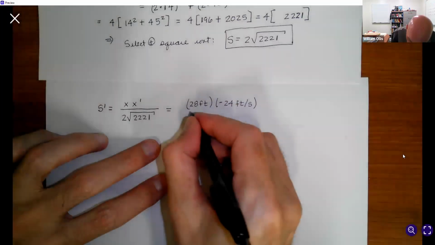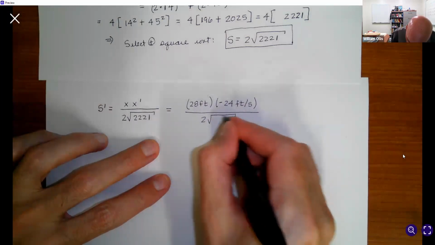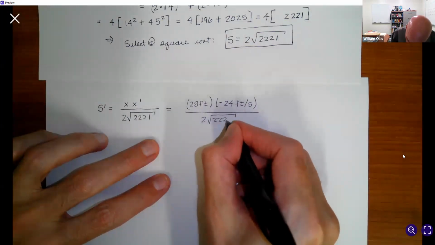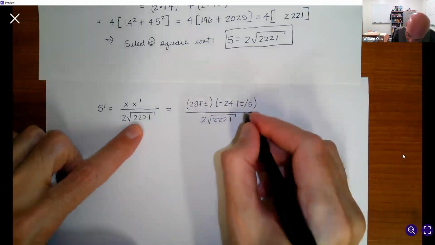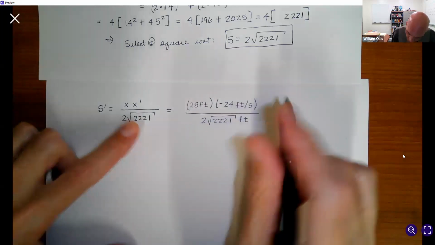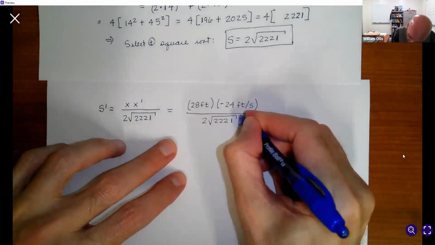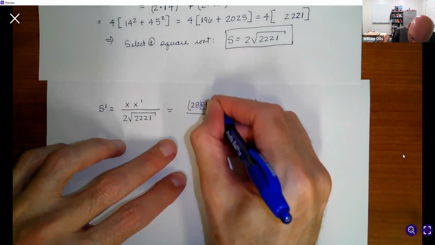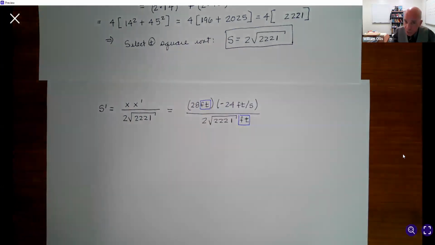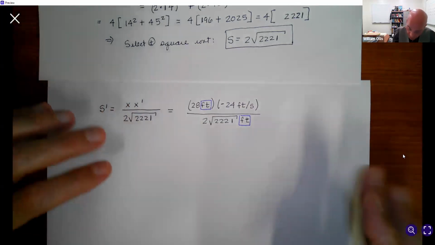And so now, of course, we have 2 times the square root of 2,221. And of course, this is a distance, so this is feet. So now everything's going to absorb the way it needs to. We have 2 copies of the feet absorbing. So now we're going to have feet per second, which we need. So of course, we'll retire those units to the right because we're done with them.